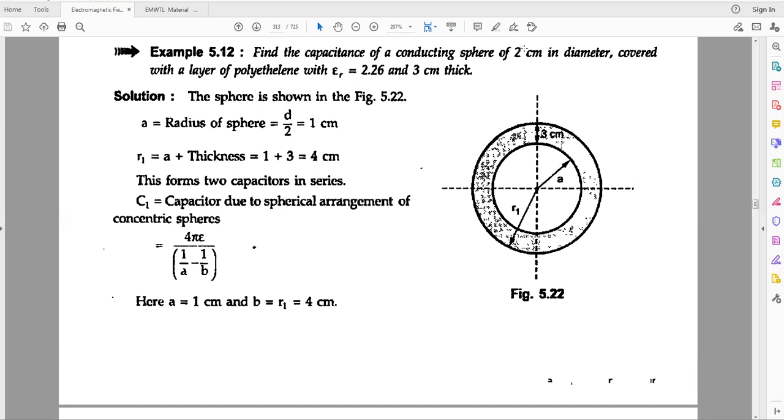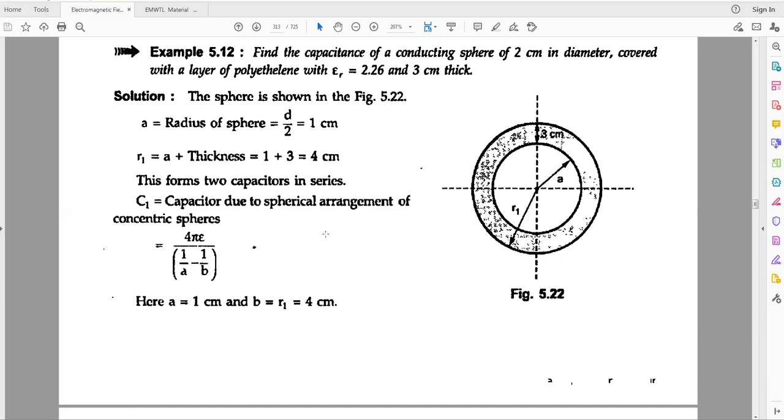Since it is given in terms of the diameter, convert it into the radius A. And R1 we can take as A plus whatever thickness is given, 1 plus 3 is 4 centimeters. This forms two capacitors in series. C1 is the capacitance of the spherical arrangement of concentric spheres, 4 pi epsilon divided by 1 by A minus 1 by B, where A is 1 centimeter and B, including the thickness, that is R1, is 4 centimeters.